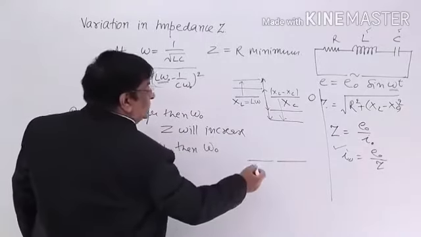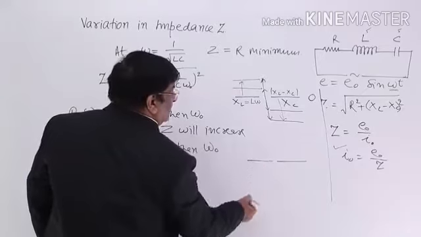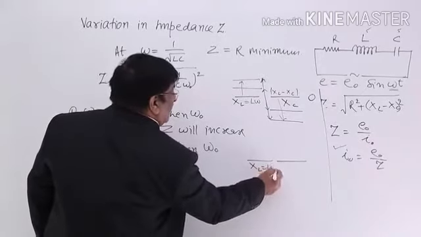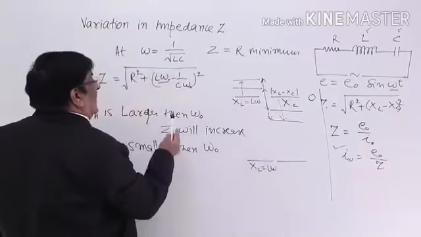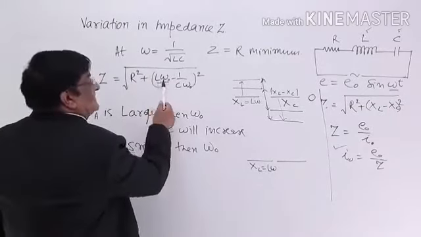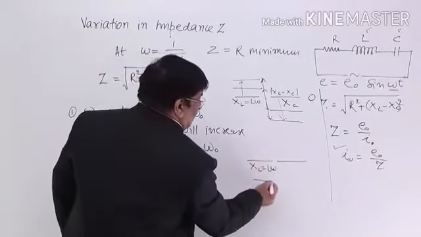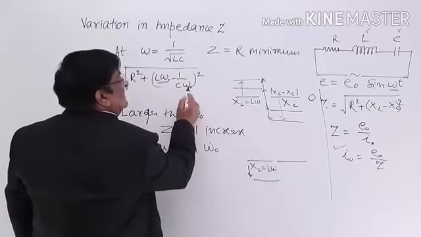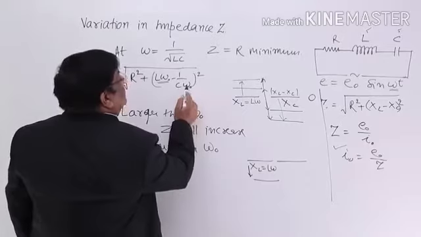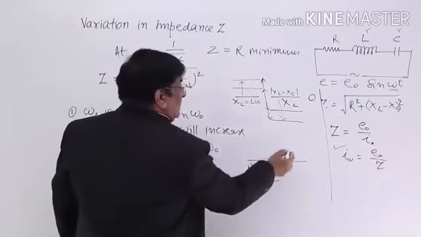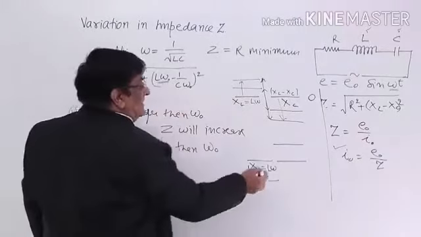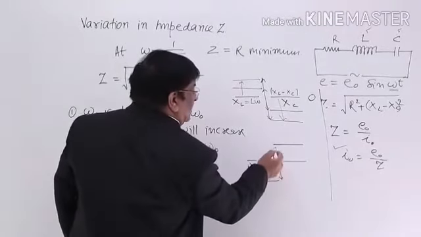We are making omega smaller. If we make omega smaller, what is the effect on XL? XL will decrease. What is the effect upon XC? Answer: XC will increase. What is XL minus XC?